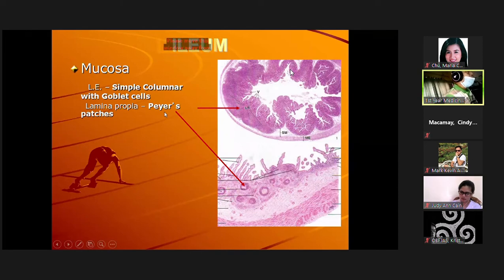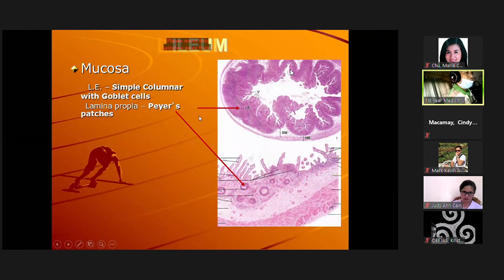Anyway, we will go to specific structure of the gastrointestinal tract. I am also the lecturer, so you would know what you call the nodes that are found there. If it has a name, then you call it by its name. So here, these are Peyer's patches. There's a node, and you have your glands.